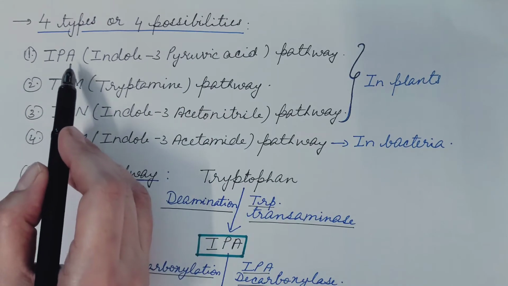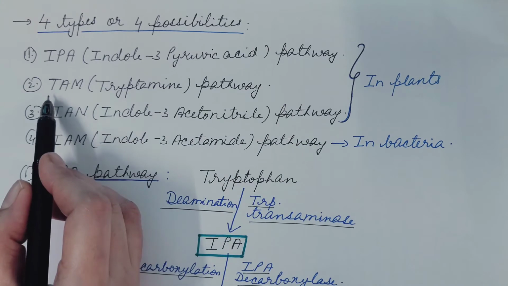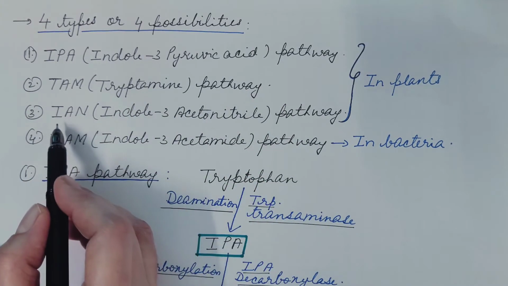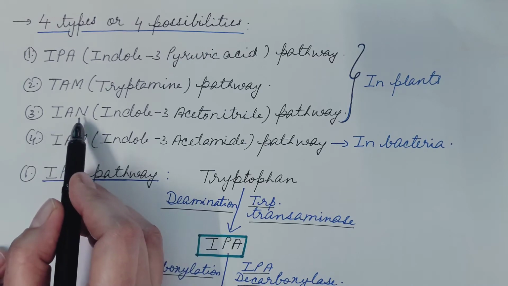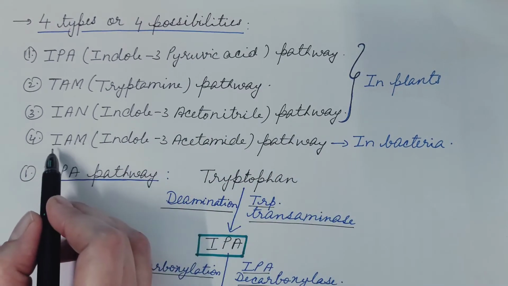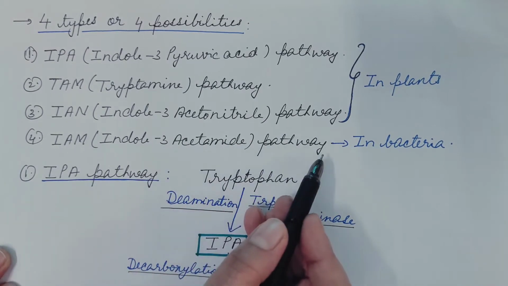One is IPA, that is the indole 3-pyruvic acid pathway. Second is TAM, that is the tryptamine pathway. Third is IAN, the indole 3-acetonitrile pathway. Fourth is IAM, the indole 3-acetamide pathway.